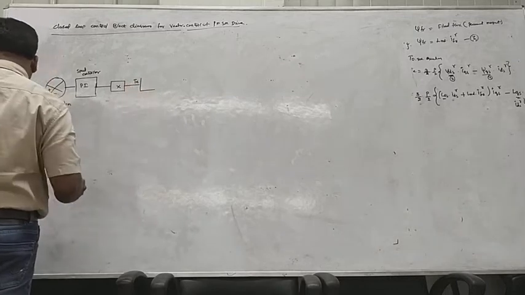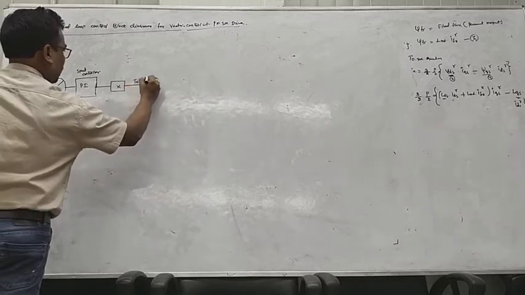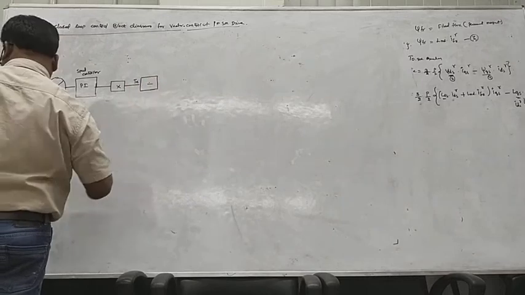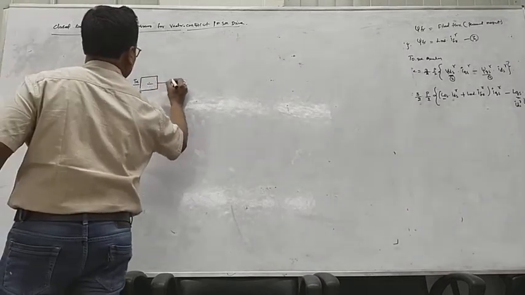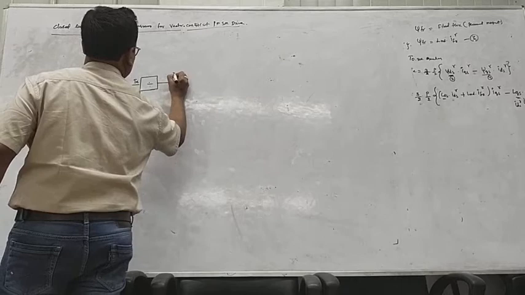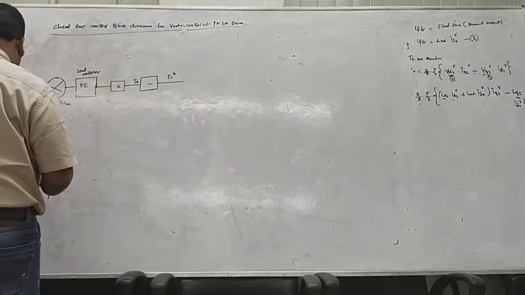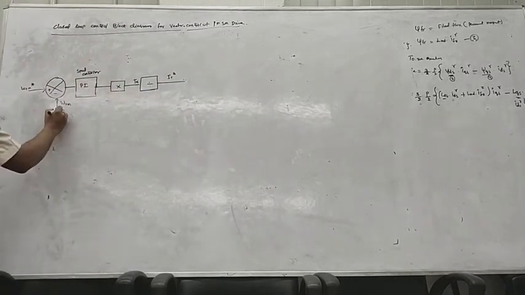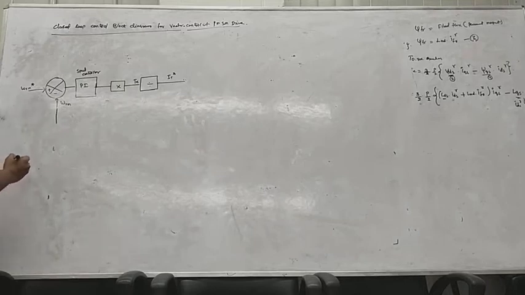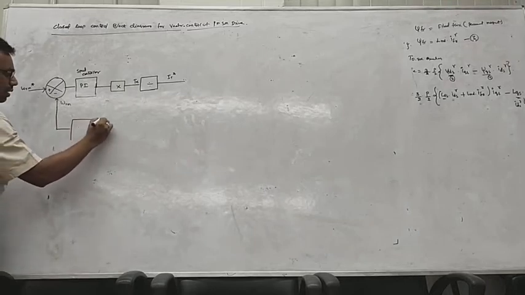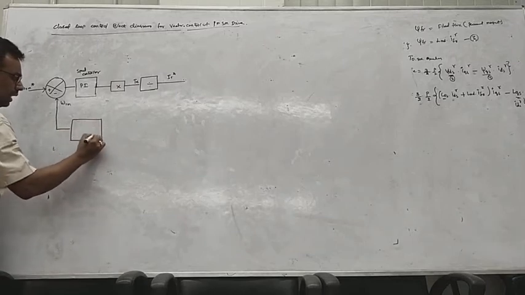Then there is a divider block, and we get the reference torque component of current. Here you may consider a function generator block, which I will explain later.